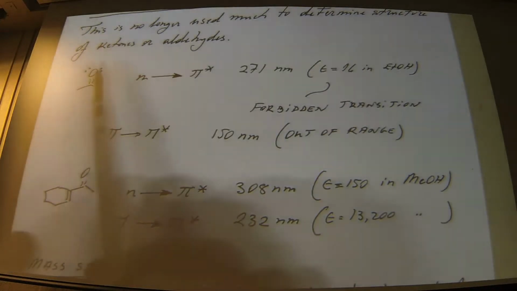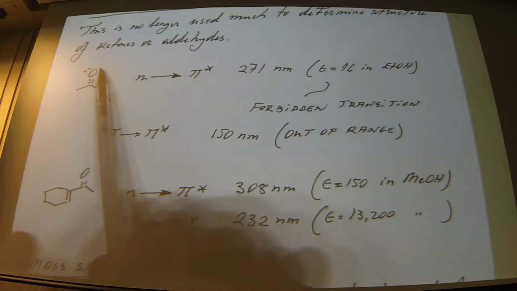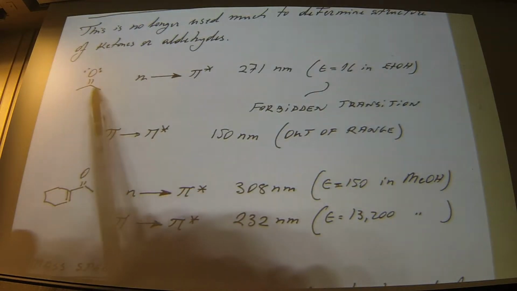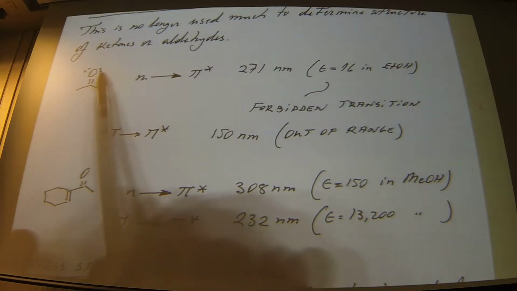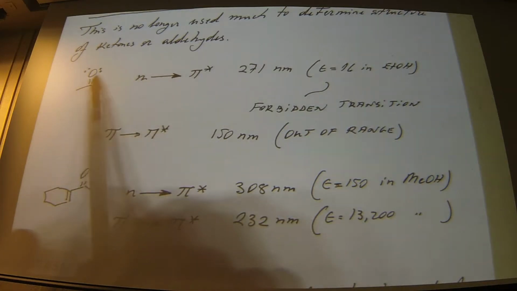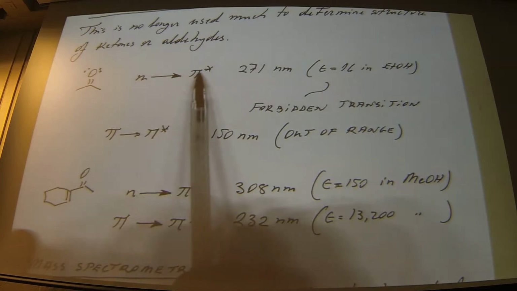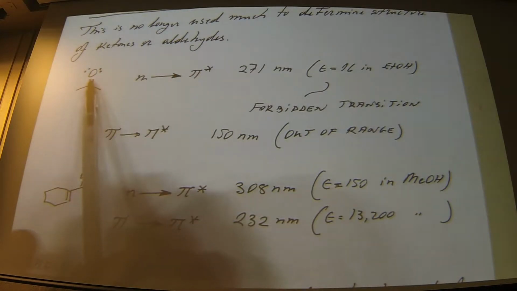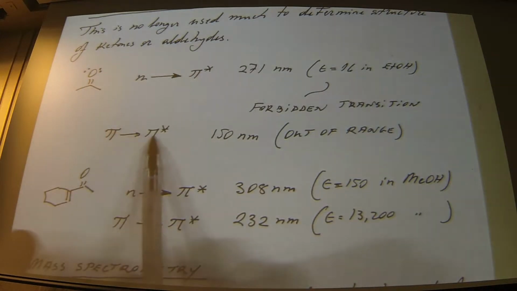Well, the n means the non-bonding electron pair absorbs energy. So the molecule absorbs energy, and the non-bonding electron pair, one electron out of here, goes into a pi star, into the anti-bonding orbital of the carbonyl. And the other transition goes from pi to pi star.